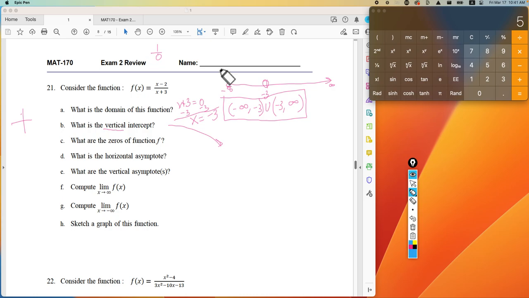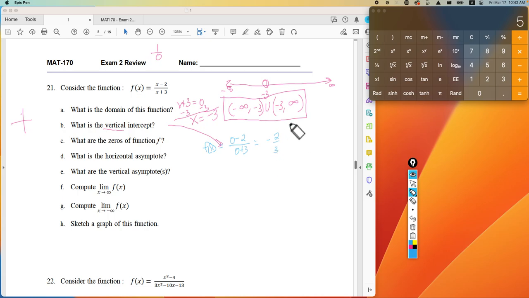There we go. So we're going to take our function, x minus 2, we're going to plug in 0 for x. So we get 0 minus 2 over 0 plus 3. We're finding what is the function value when x equals 0. That is always the case with the vertical intercept. So that gives us -2/3.